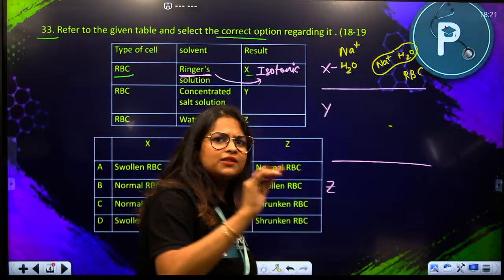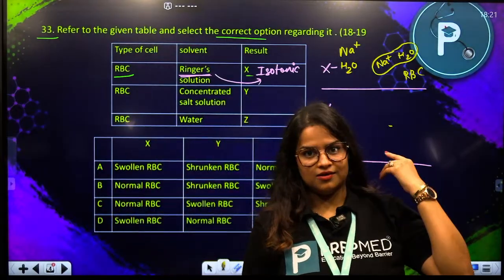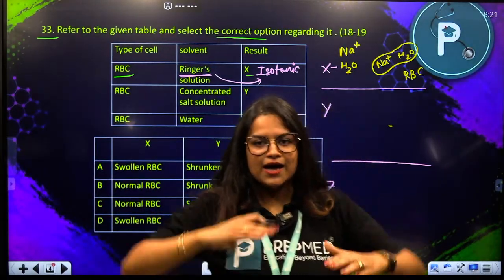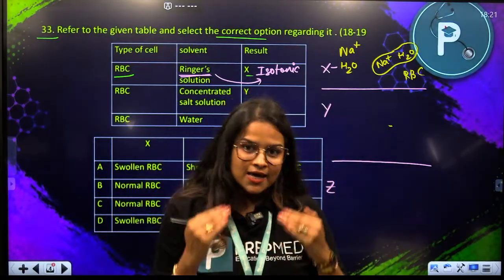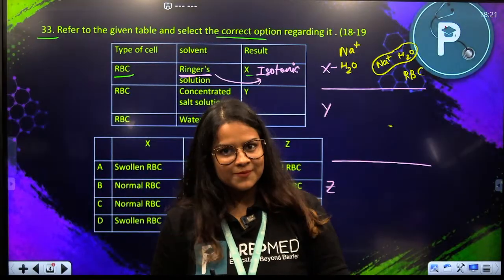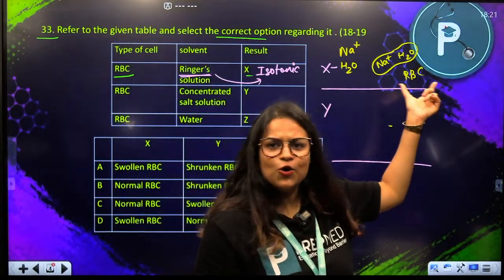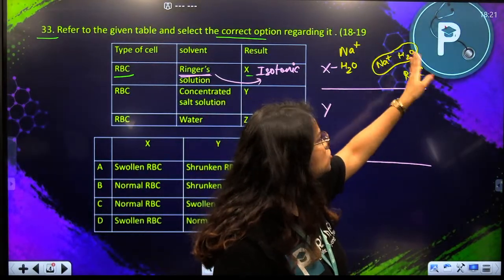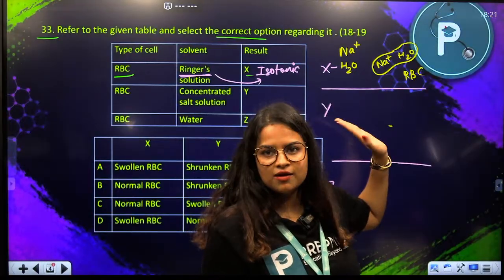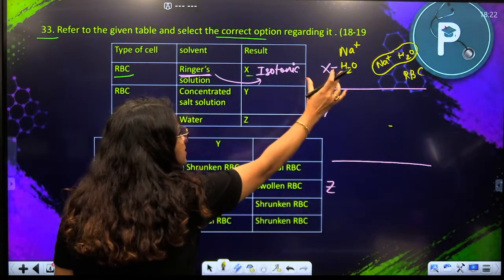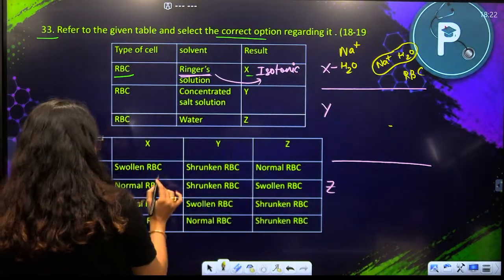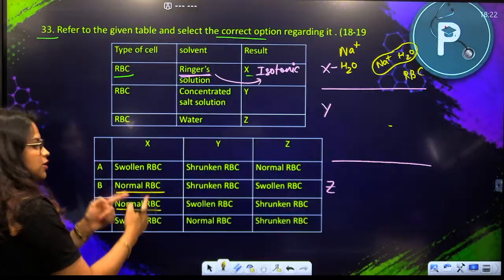I am writing Na+, that doesn't mean only Na+ is present. There are multiple salts present. Isotonicity is when the concentration of these salts are balanced inside the cell and also outside. So if it is balanced, there is no need for Na+ or H2O to go anywhere or move anywhere. They would remain the same. So you would see that the RBC would be normal. So X is normal. So we have two options with normal.